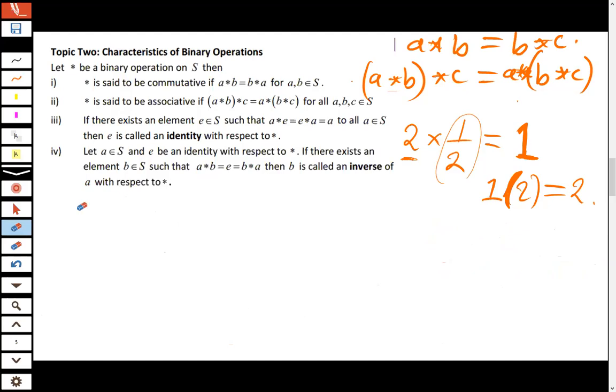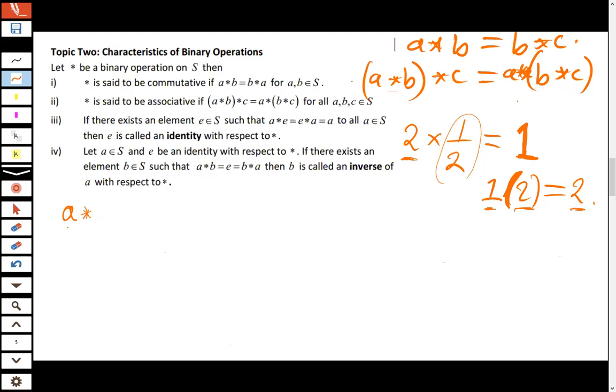What I was explaining is that if you have a set A, and in this set you have an operation, let's say for instance multiplication, then an element in set A times its identity gives us the same element.